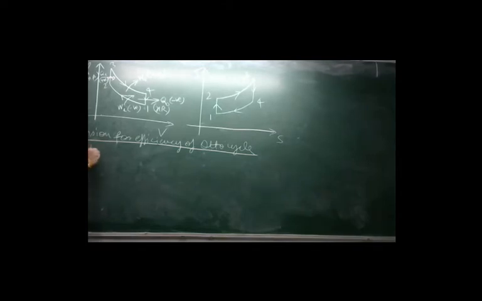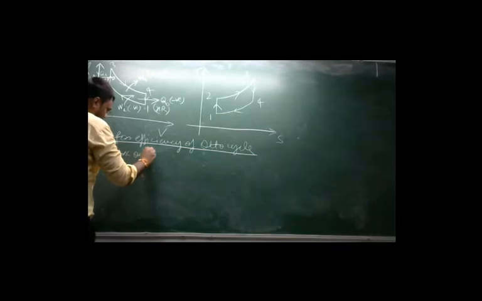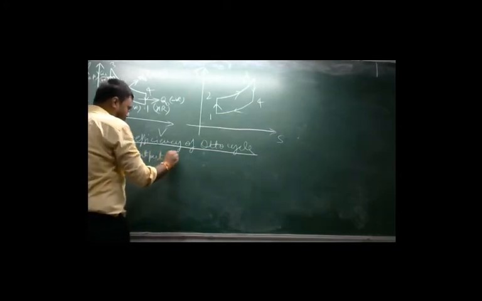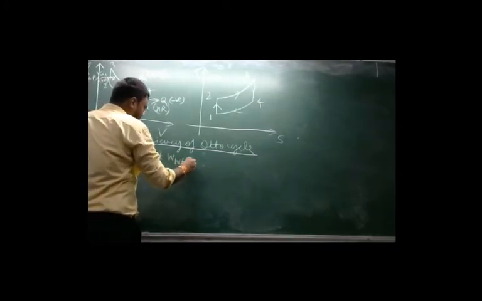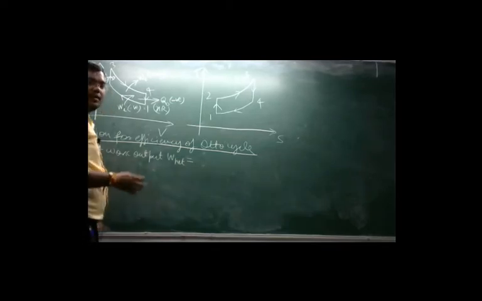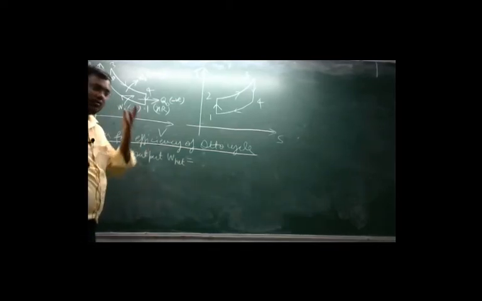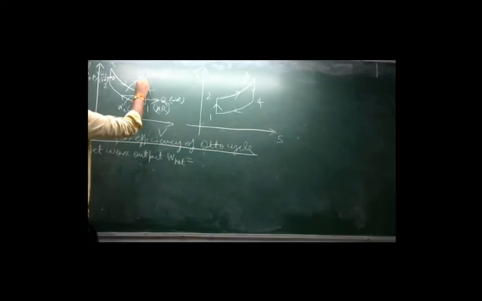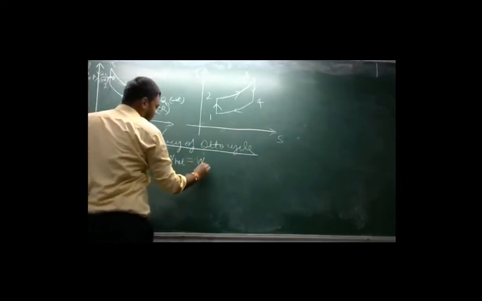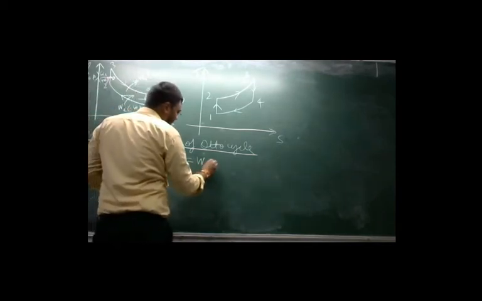The net work output, W net, should be equal to the work output minus the work input. This is the total work output which we are getting, Wo, but we are also giving some work input, so we have to subtract this work input from the work output. Then we will get the actual work output. So net work should be Wo minus Wi.